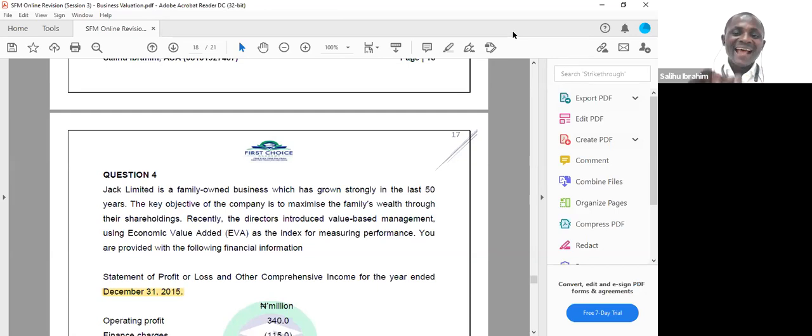So the profit I need is as at the year ended 31st December 2015, but the capital employed is as at 1st January 2015, which is equal to 31st December 2014. I believe it's clear now. Is it clear now?